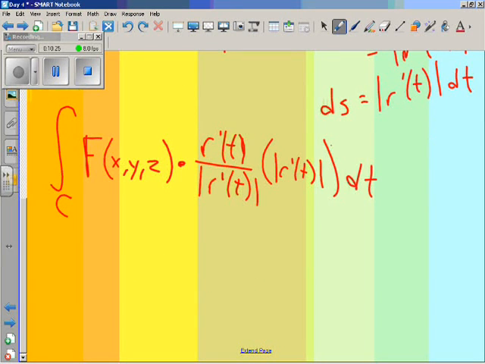And so notice that these cancel out, and we come down to this nice concise formula.